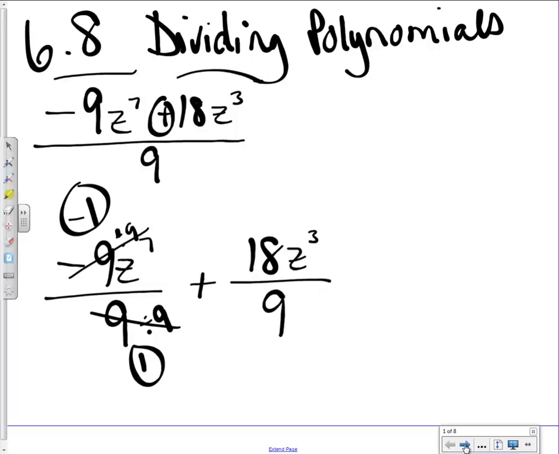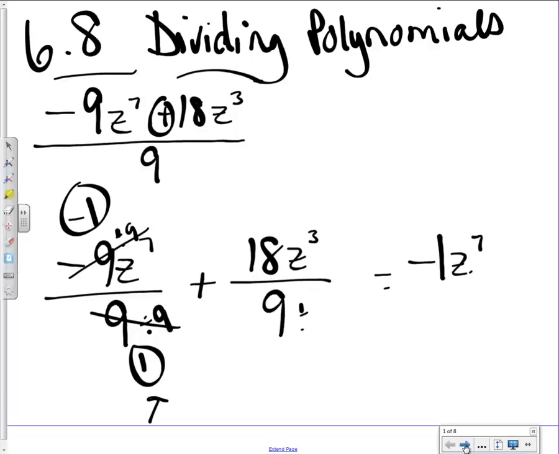You can't do anything in the diagonals because this is an addition problem, okay? So that doesn't happen. So what do I have to bring over? Right now I have negative 1 z to the 7th, okay? The denominator I have 1, so I don't know what I'm going to have in the end for both pieces, but we're going to mess with that in just a second.